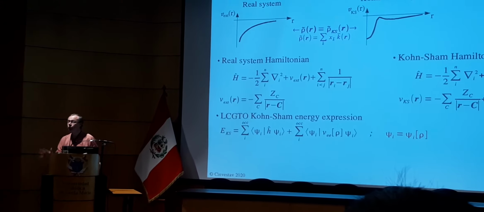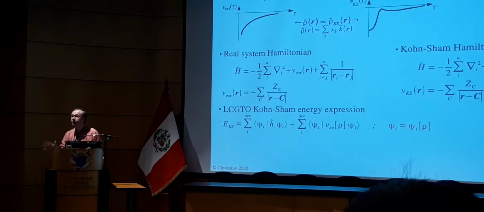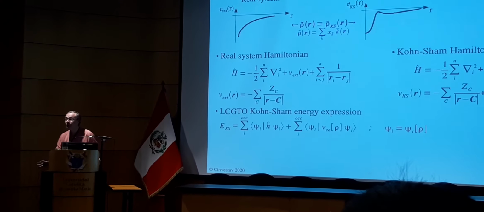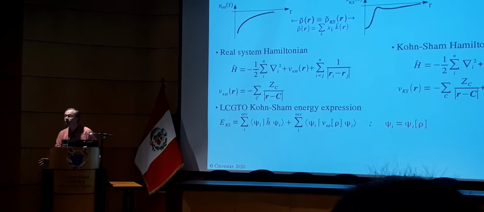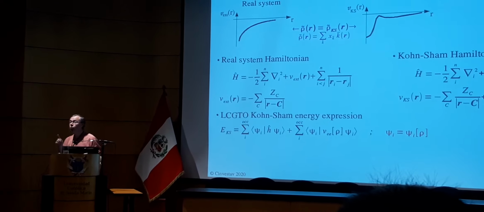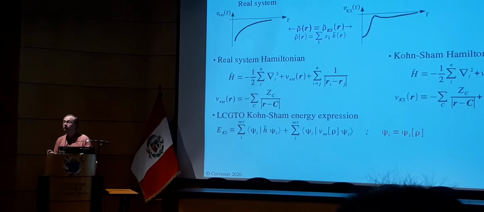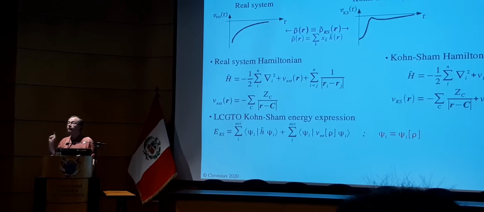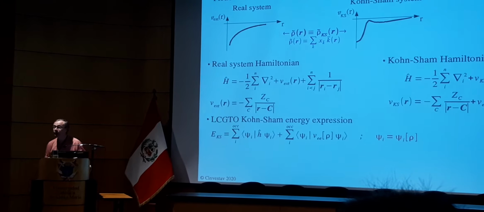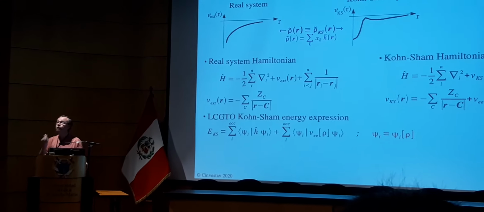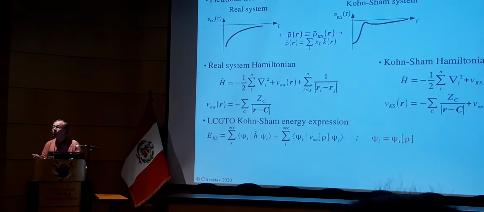That is why Andreas Görling failed, and that is why Rodney Bartlett failed. The difference between them both is that Rodney understood where this comes from, and that is a first-order perturbation term that is not small. If you talk to people like Toulouse or Savin, they tell you this term is small. No, it is not. If you are in an accuracy range of a kilocalorie per mole, this term is dominant.